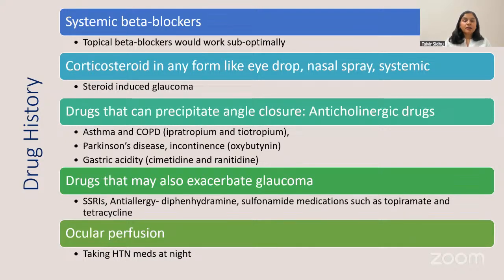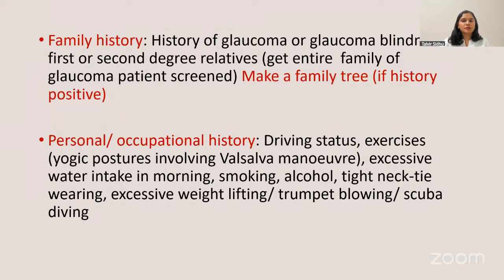Cimetidine and ranitidine can also precipitate angle closure. SSRIs, anti-allergy drugs like diphenhydramine, sulfonamide medications like topiramate, tetracyclines, they can cause ciliary effusion and precipitate angle closure. Ocular perfusion can decrease in patients who are taking hypertensive medications at night. So these are important histories that need to be elicited.